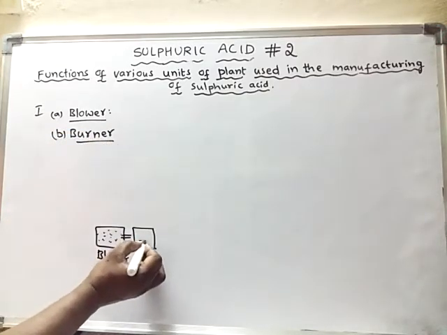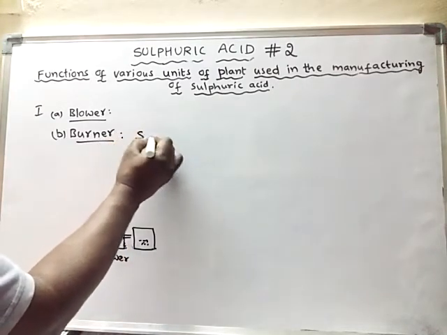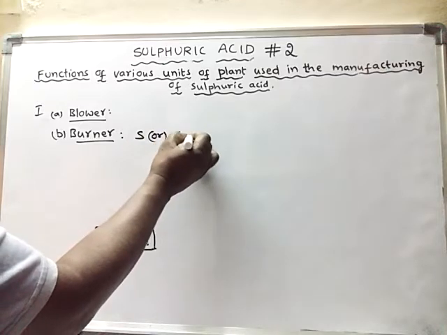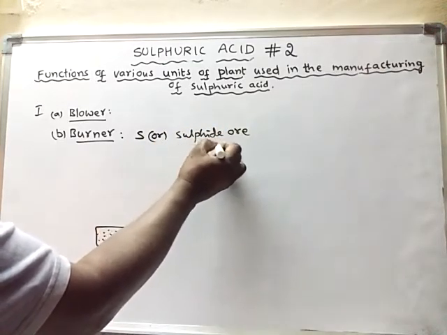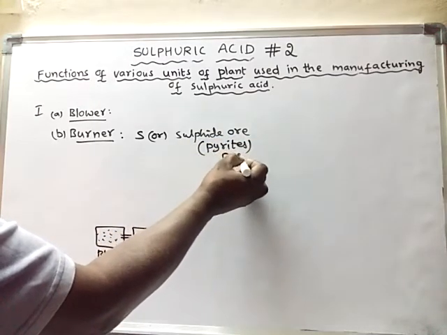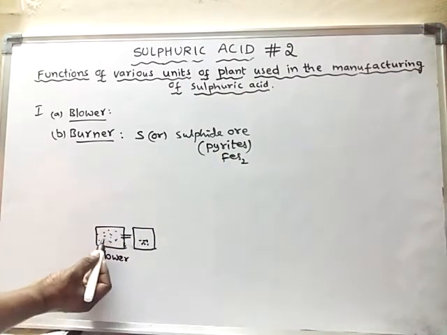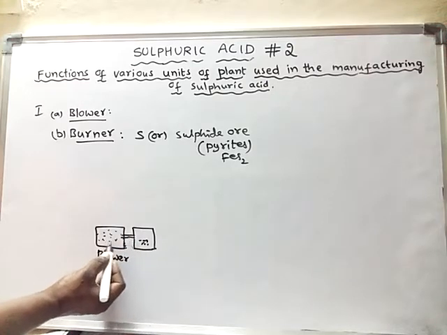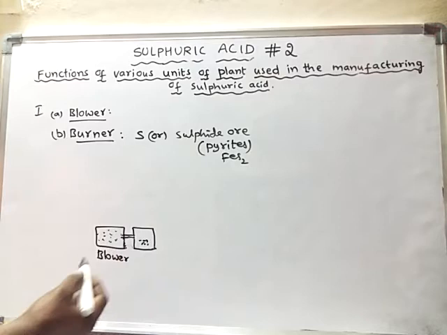Inside the burner there is sulfur or sulfide ore, particularly pyrites. Pyrites is a sulfide ore, FeS2. Oxygen, which is hot and compressed, is blown into this burner.